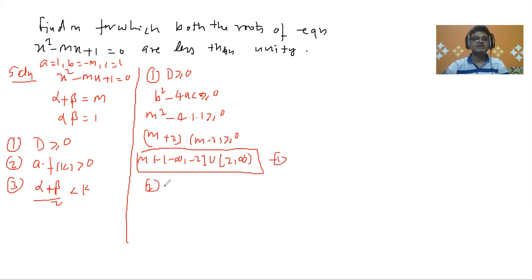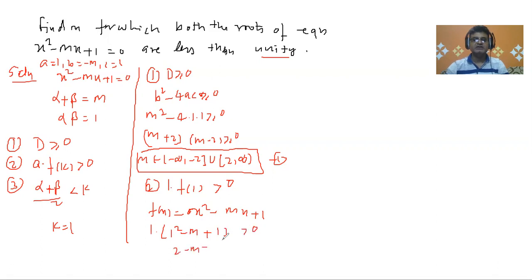Now the second condition. Here a is 1, and k is again 1 because it is given as unity. So a into f1 should be greater than 0. For f1, we are taking fx as the quadratic expression x square minus mx plus 1. Putting 1, we get 1 square minus m plus 1 should be greater than 0.